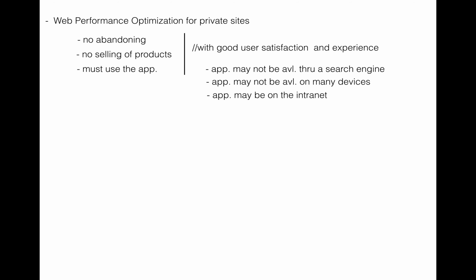And maybe the app can be accessed outside the intranet by the organization's users through VPN or virtual private network. Say the users of the app may use mobile to access the app.